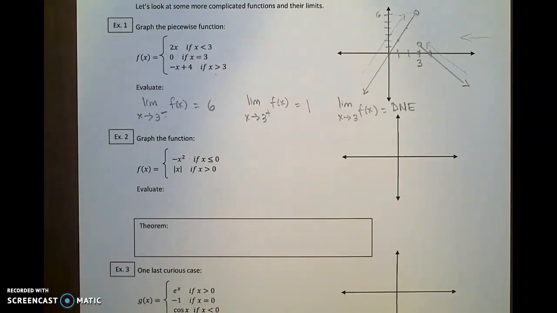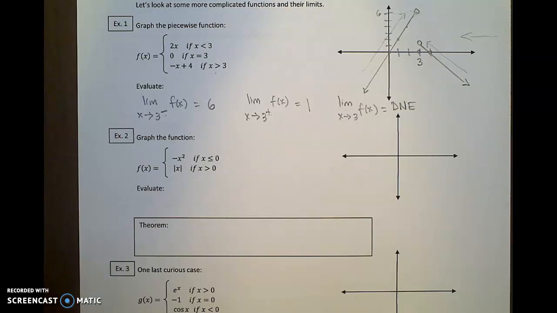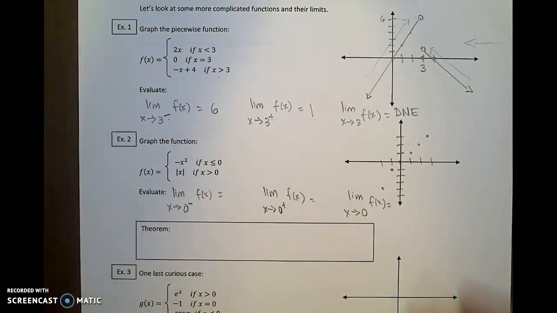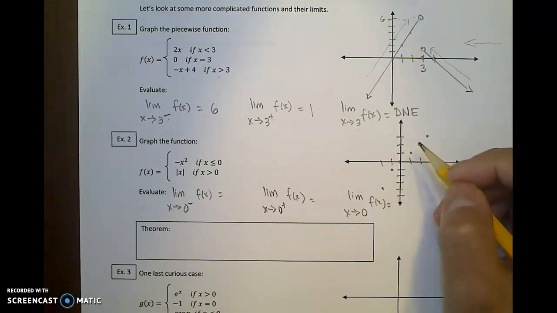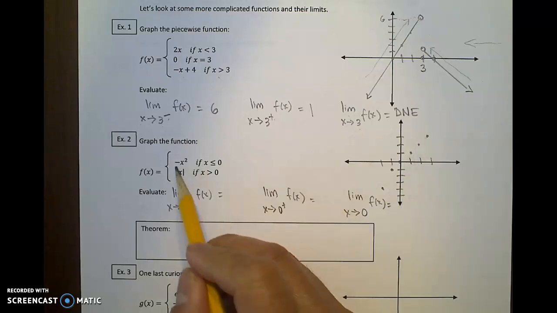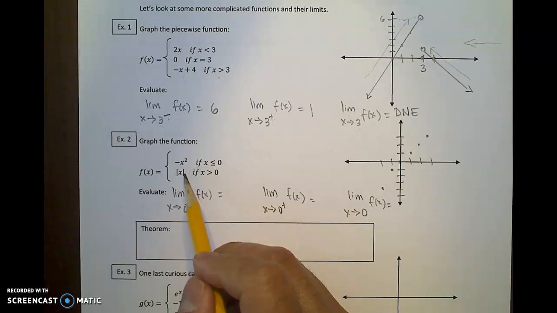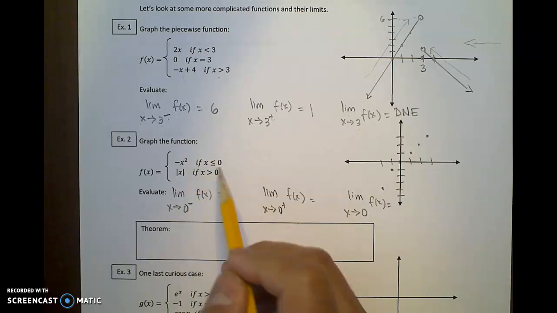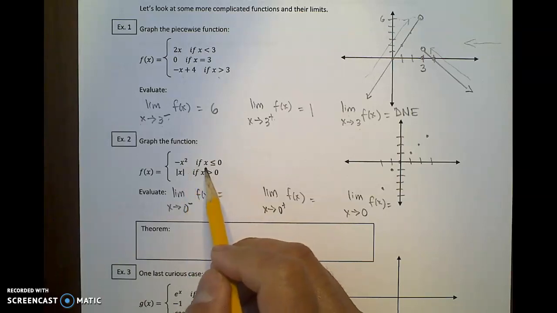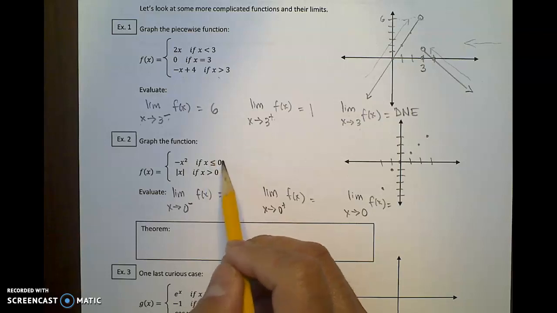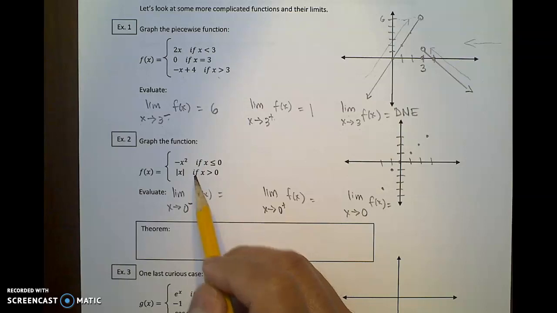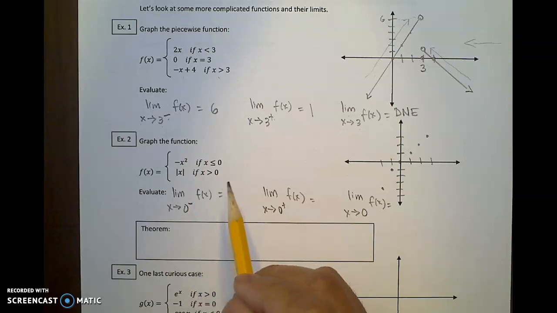I'm going to go ahead and graph the second piecewise. Now we're going to graph example number 2. Here we have negative x squared for all values of x that are less than or equal to 0. We're going to plug that in.